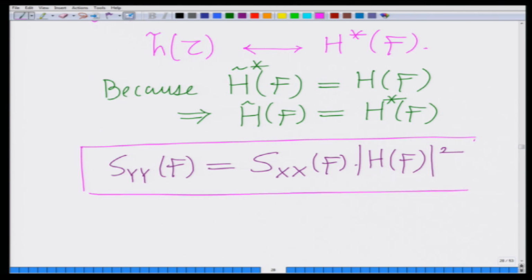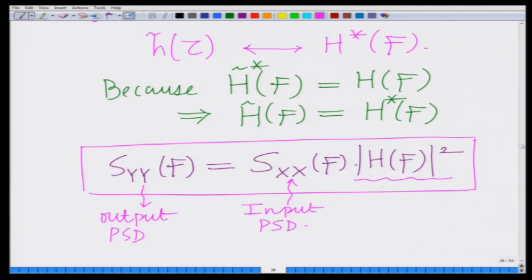So, this is my output PSD, this is the PSD of the output, this is the input PSD, input power spectral density, remember PSD stands for power spectral density, and this is the magnitude of h of f square, where h of f is the Fourier transform of h of t.